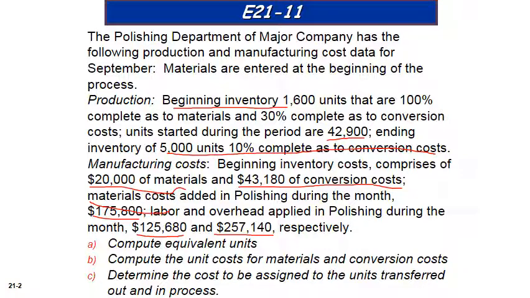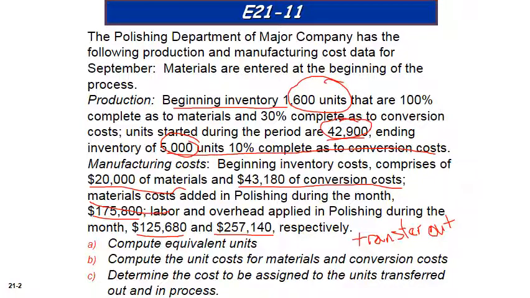So the first thing we have to do is figure out how many units are transferred out, because they don't tell us that. So we have to calculate the physical units. We have to figure out what's happening with the physical units. We need the information about the physical units in the starting inventory, added, and the ending inventory.